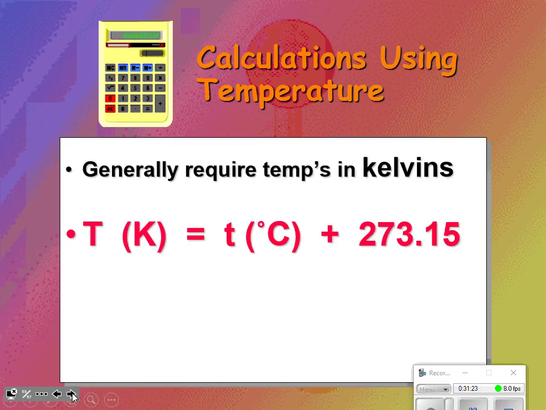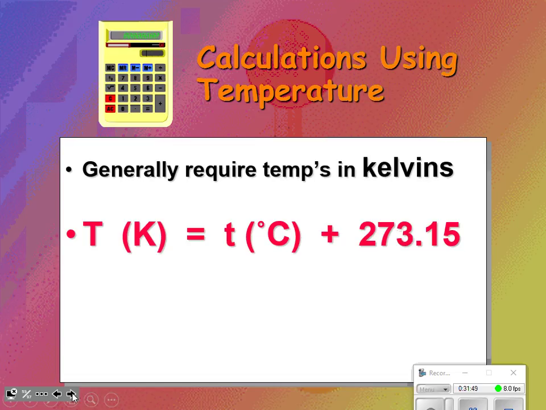Now, in order to convert from Kelvin to Celsius and vice versa, we use the number 273.15. So if I have a temperature in Celsius, I add 273.15 to convert it to Kelvin.